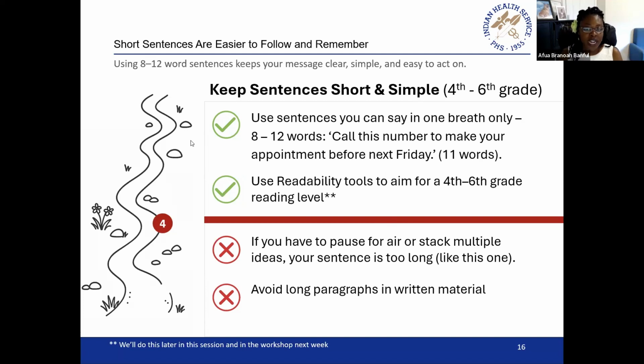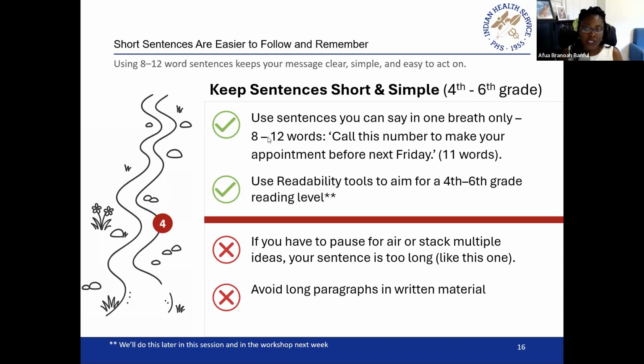The reason we try to keep sentences short and simple is that the 4th to 6th grade reading level calls for it, right? So as part of using short sentences, you also want the readability of the sentences to be at a 4th to 6th grade reading level.